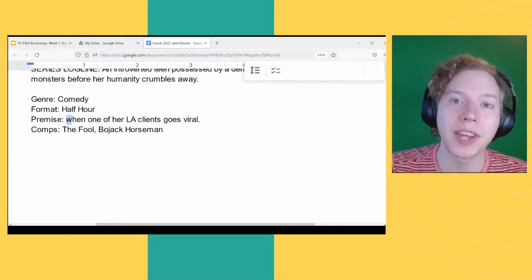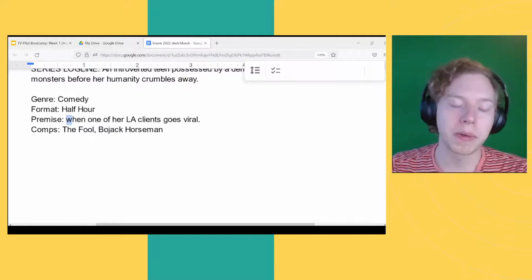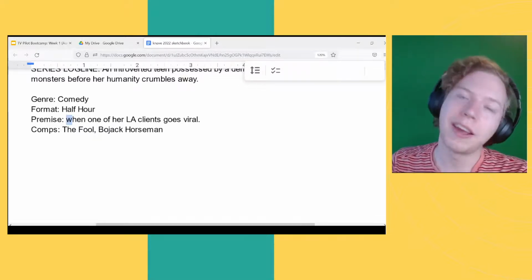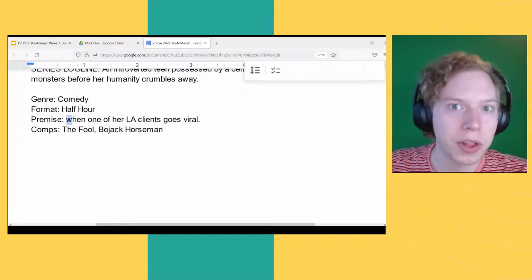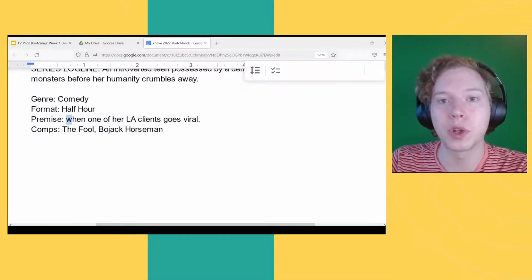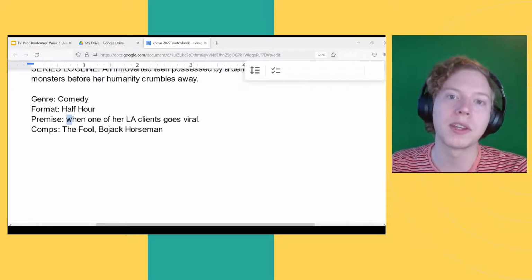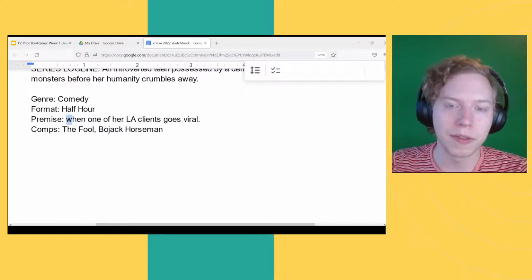You might want to highlight their dynamic a bit more, like if they are incredibly codependent on each other, if they are always butting heads with each other. See what I mean? Just clarify what those two people are like, because if that's the focus of your show, then we're going to want to know that at the forefront, and we're going to want to see those two characters in our minds as we envision the rest of it.